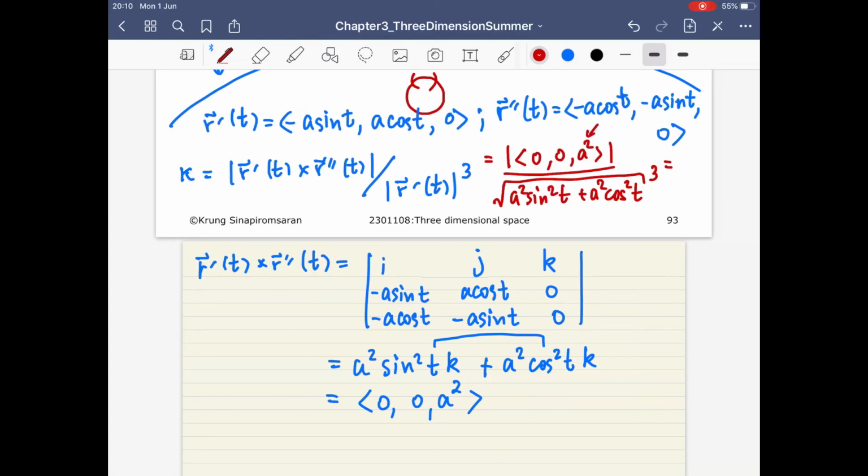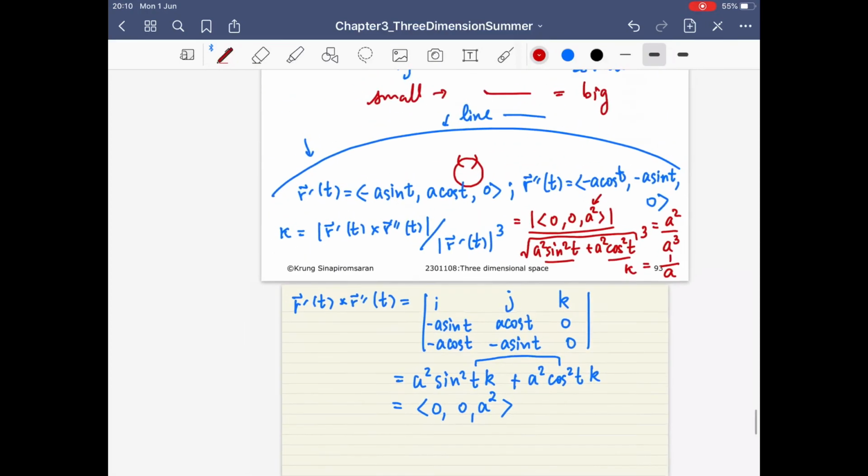The one on the top gives a squared as the length. The one at the bottom, because you have sine and cosine, taking the square root, you get a out. So this is a cubed. After the cancellation, you get 1 over a as your curvature.